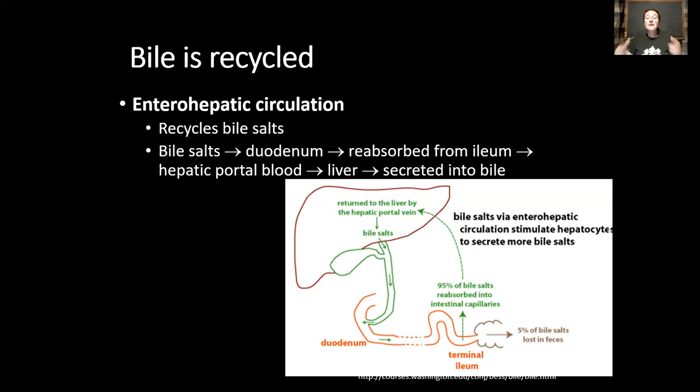We reabsorb those substances into the blood of the intestines, and of course we know the intestinal blood goes back up into the liver via the hepatic portal vein. Then the liver would pick out those bile salts from the blood, dump them back into the bile ducts, and we recycle them over and over and over again.